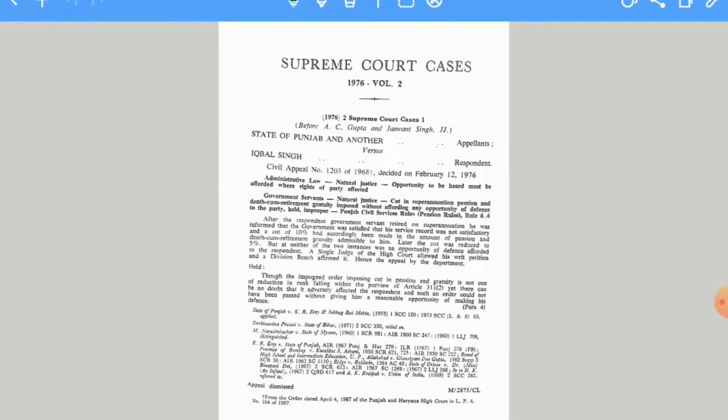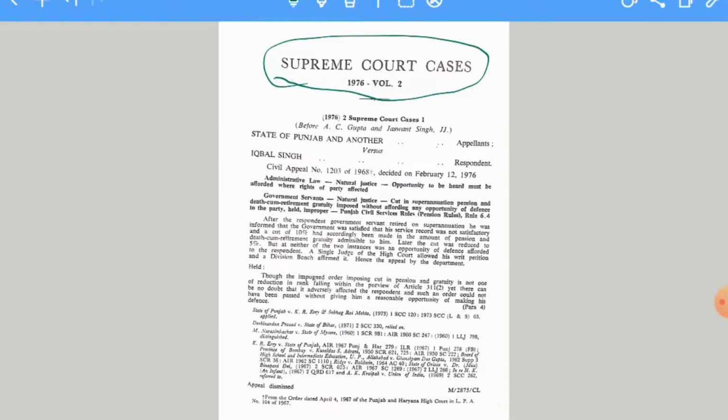After this journal section, you will get the main part of this journal, where you will get the cases which have been reported here. So my dear friends, as you all have seen previously, the names of the cases were written in alphabetical order, but the page numbers were different.